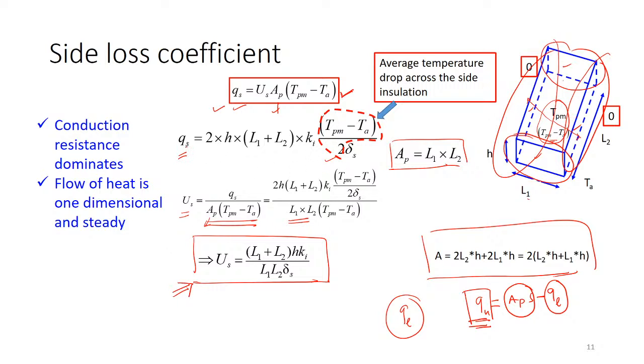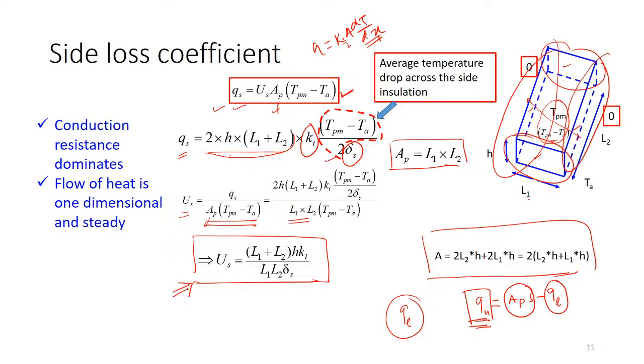QS is equal to, if you recall our Fourier law of heat conduction, Q is equal to K A dT by dx. K is the thermal conductivity of the insulation, and dx is the thickness of the insulation, so delta S is the thickness of the insulation and Ki is the thermal conductivity of the insulation. And then we'll have area.